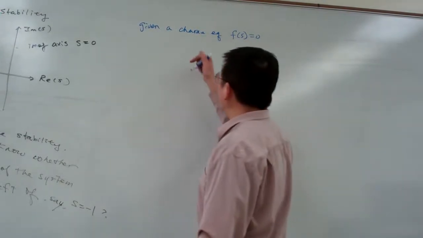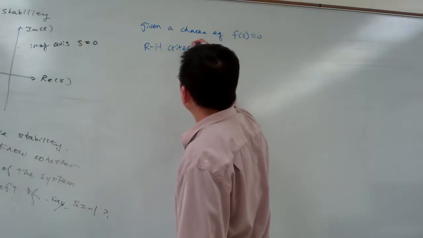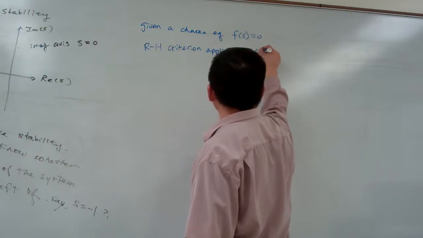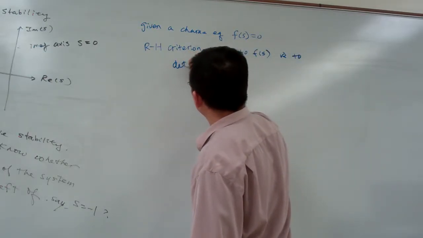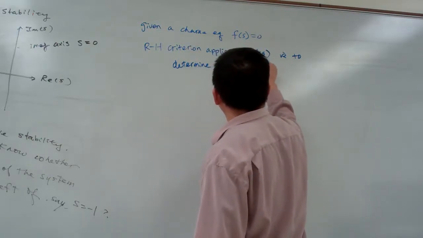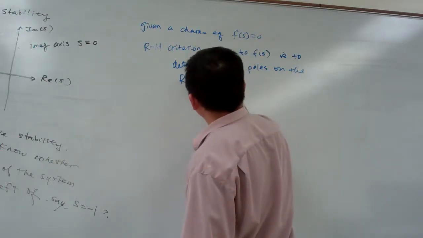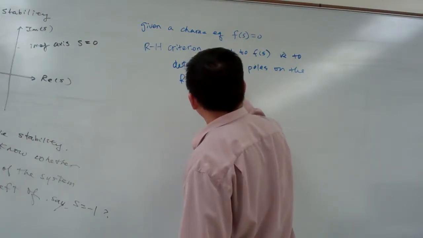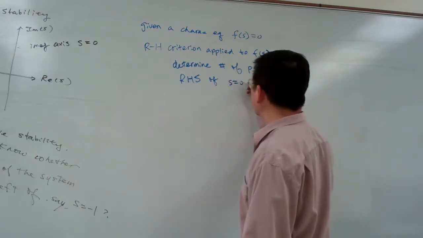The Routh Hurwitz criteria applied to f(s) determines the number of poles on the right-hand side of the S-plane, that is, right of s equal to 0.